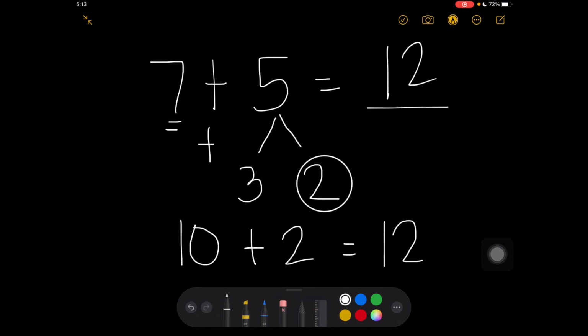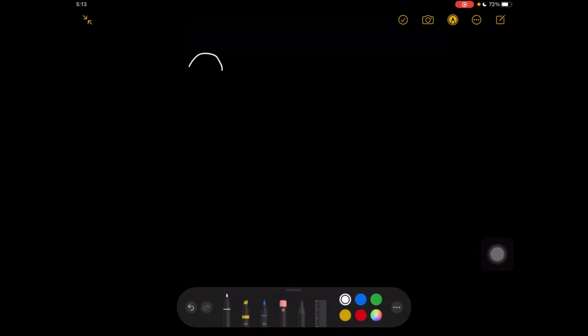Okay, another example. We have 8 plus 5. Again, break apart the smaller addend such that one of the parts of the smaller addend will make a 10 with the bigger addend. The partner of 8 for it to be 10 is 2.